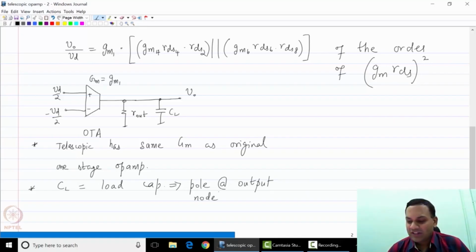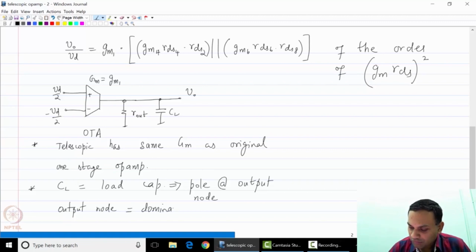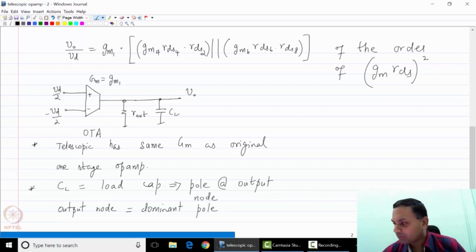As we saw in the case of the one stage op amp, the output node was the dominant node, and the same is expected to be the case here. So the output node contributes the dominant pole.